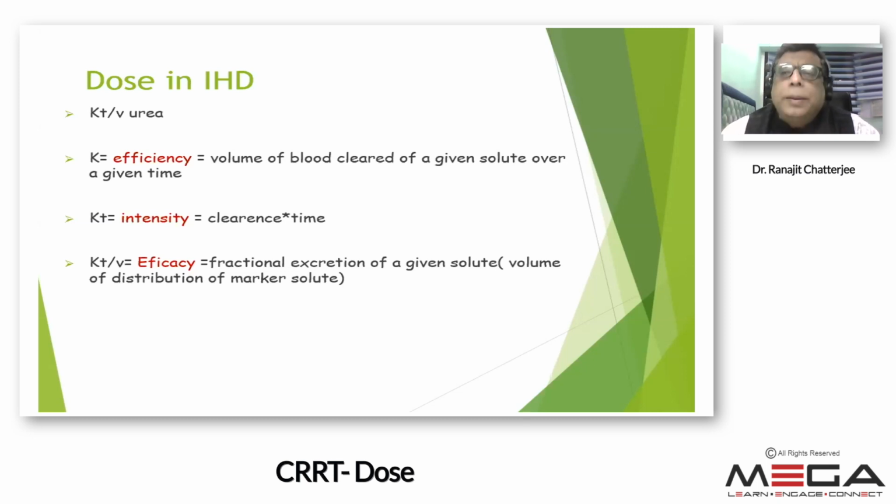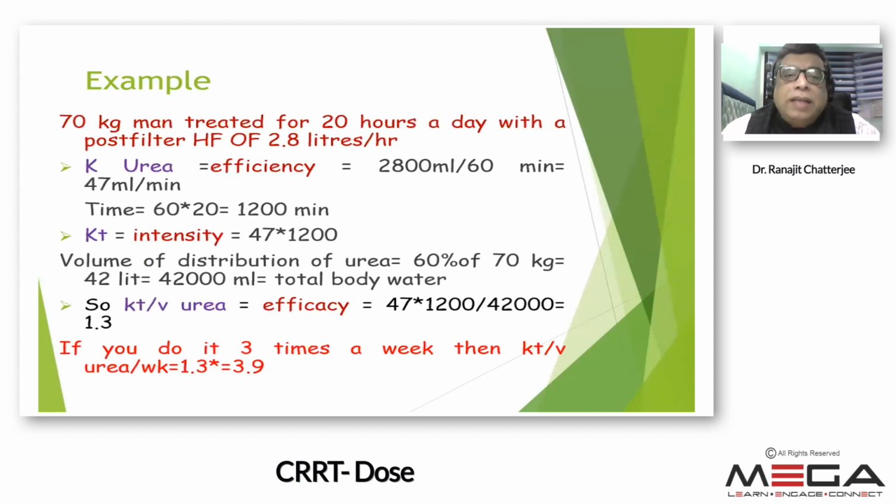I give you an example. For example, a 70 kg man treated for 20 hours a day with a post-filter hemofiltration of 2.8 liters per hour. So K, that is efficiency, is what? 2.8 liters per hour, that is 2800 ml over 60 minutes.